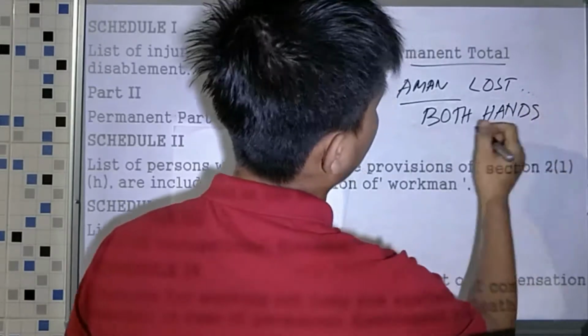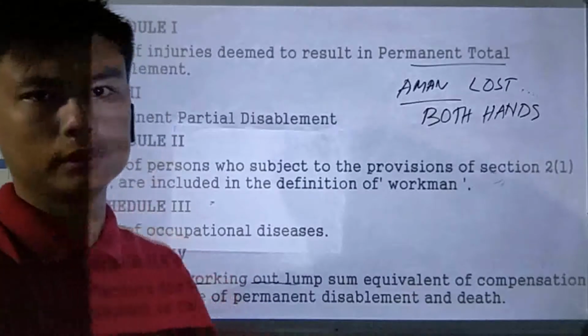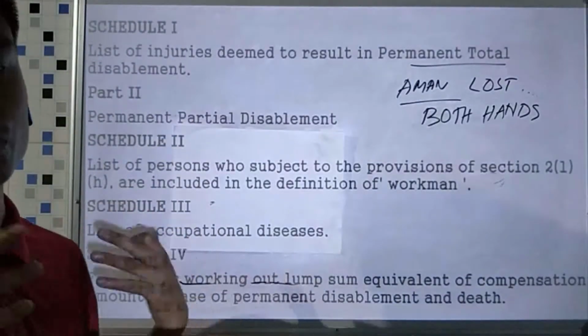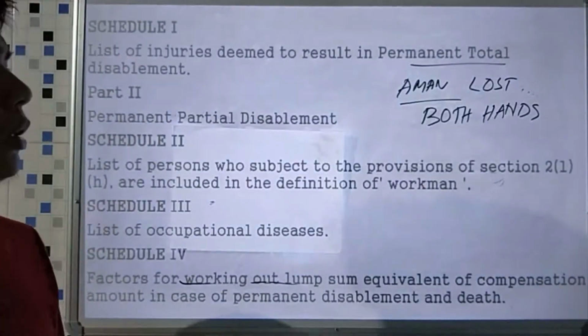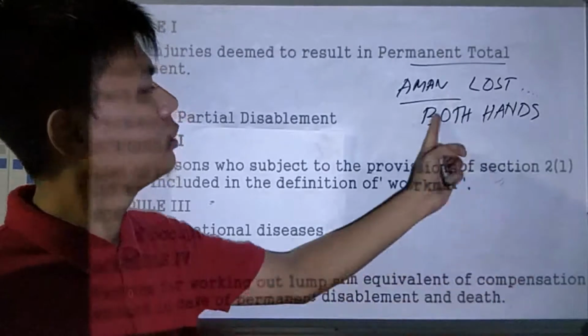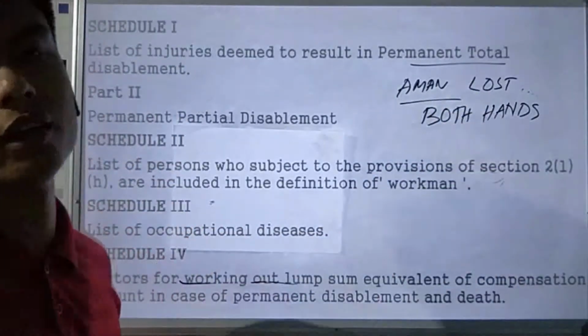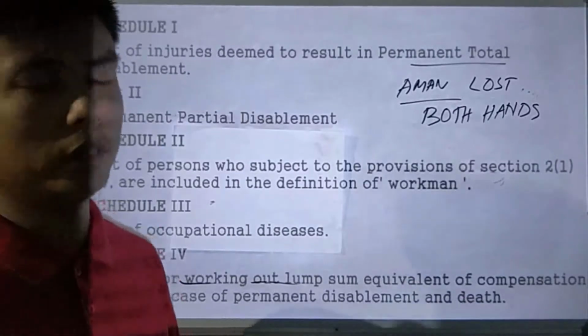Like I had to cut down both of my hands. So I'm of no more use. I can't earn anymore. Yes or no? Yes. So that is permanent, right? And it's total. Everything. I can't even earn. I don't have any more capacity to earn. So that's called permanent total disablement.